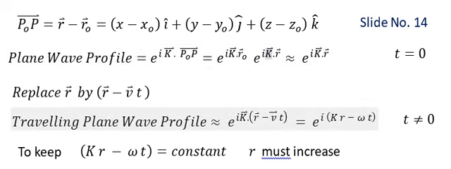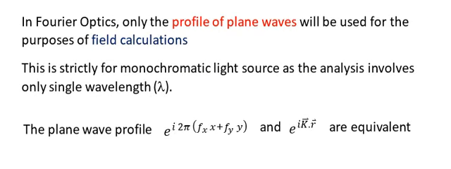So if you put t equal to 0 in the traveling wave profile, then you will get the plane wave profile, that is the profile of the wave at some static time t. In Fourier optics, only the profile of the plane waves will be used for the purposes of field calculation.